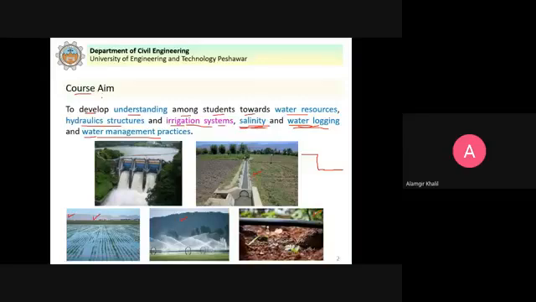So this is the course aim: to develop understanding among students towards water resources, hydraulic structures and irrigation systems, salinity and water logging, and water management practices. We will study all these in detail in this course.